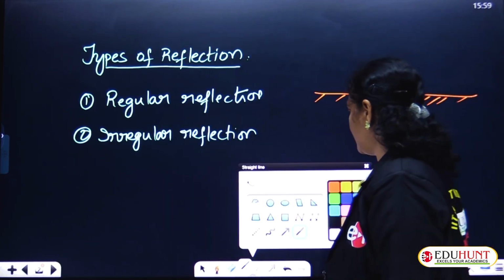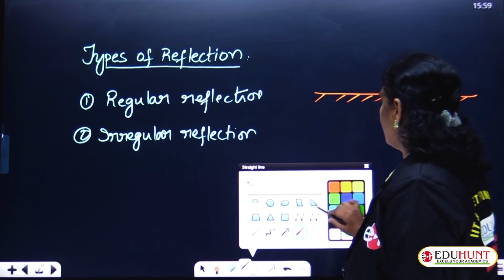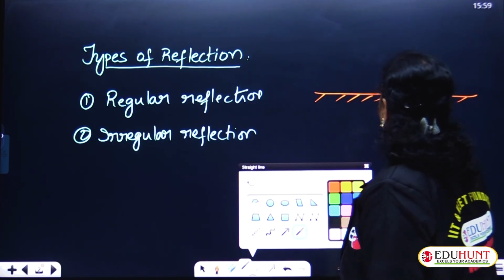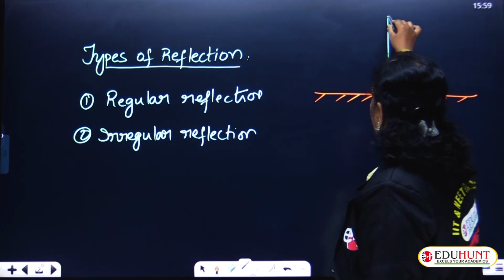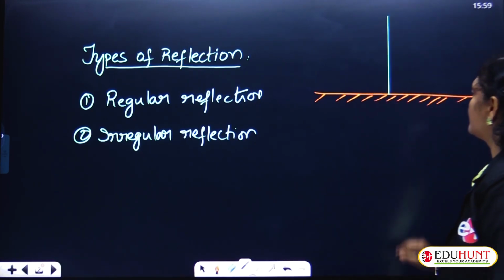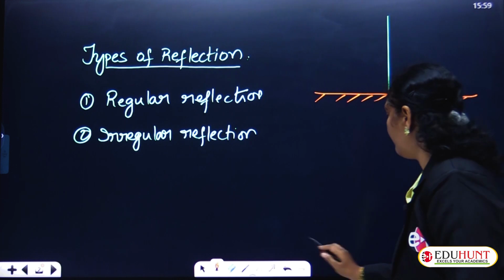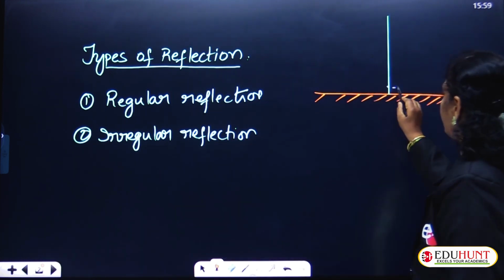On this surface, let us draw a perpendicular line. What have we considered? A perpendicular line, at 90 degrees.